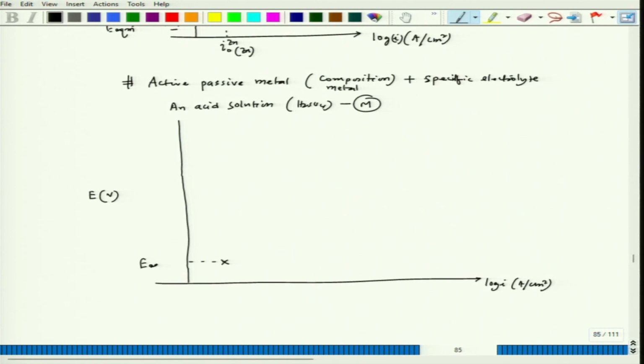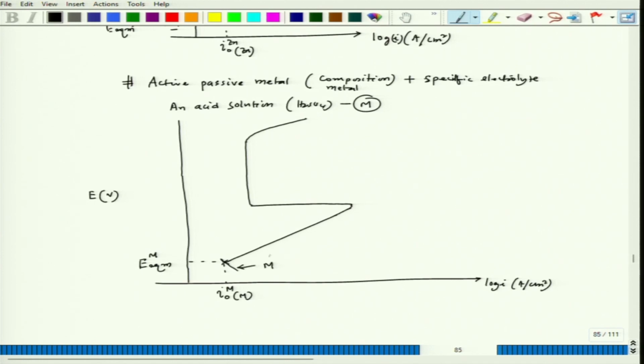Let us say this is the equilibrium of that metal, corresponding to I0 of that metal on the metal surface, and if that metal shows active-passive behavior, this is my active-passive part.